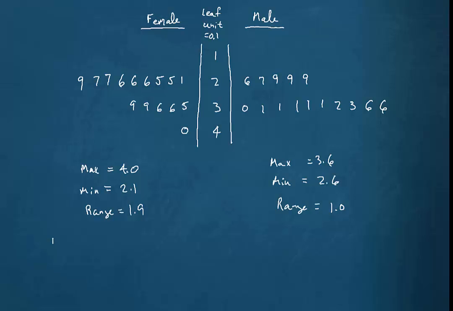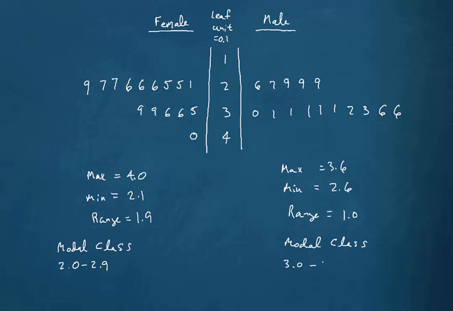So what we might notice then is that the modal class for females is the 2.0 to 2.9 class. The modal class for males is the 3.0 to 3.9 class.